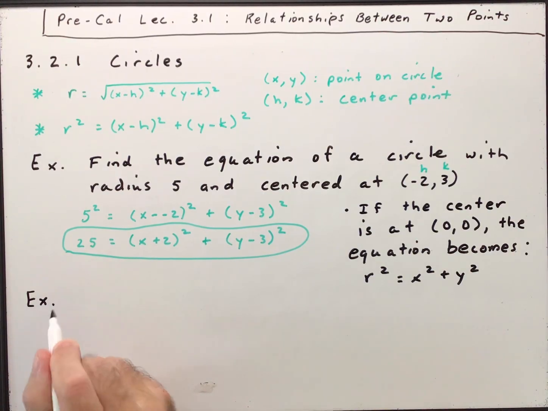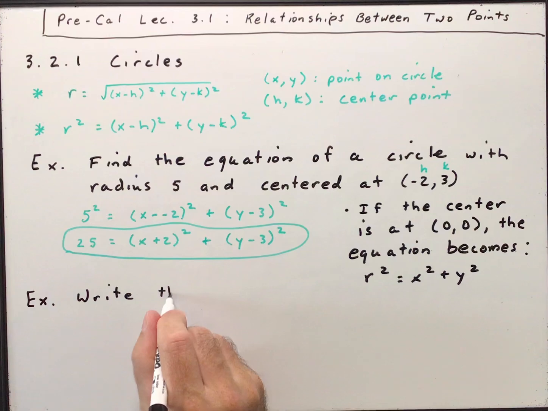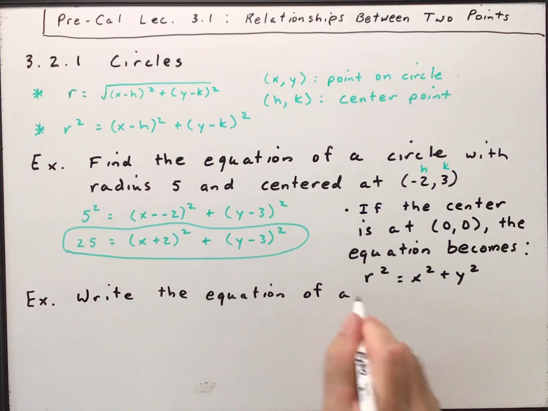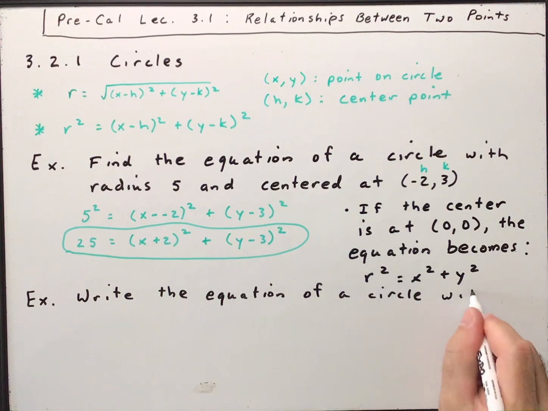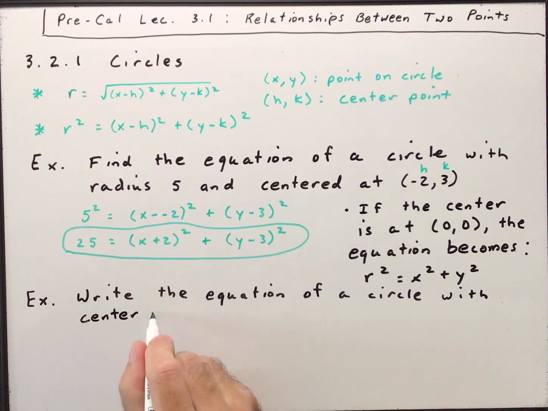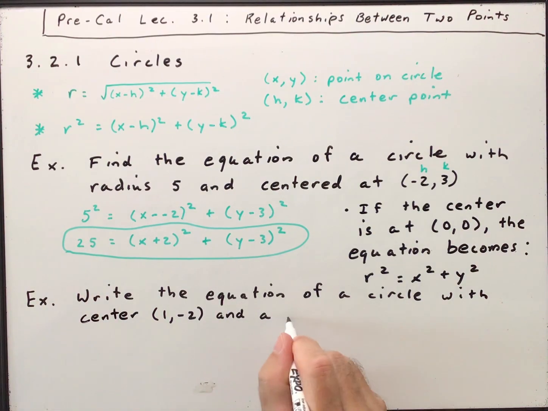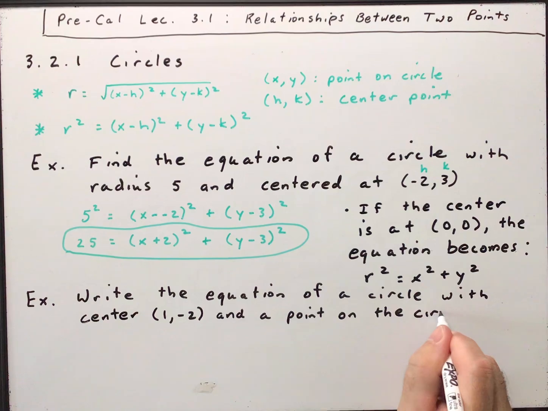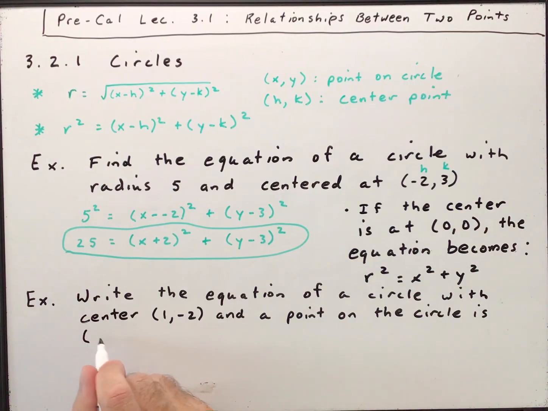Okay, last example. Write the equation of a circle with center 1, -2, and a point on the circle is 5, negative 2.